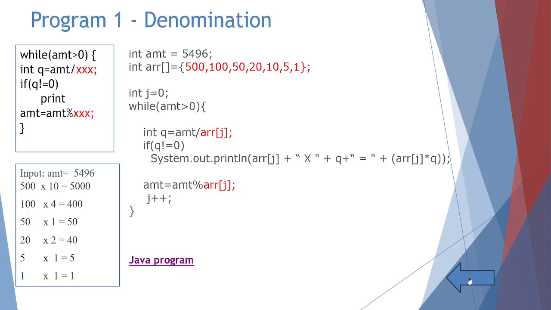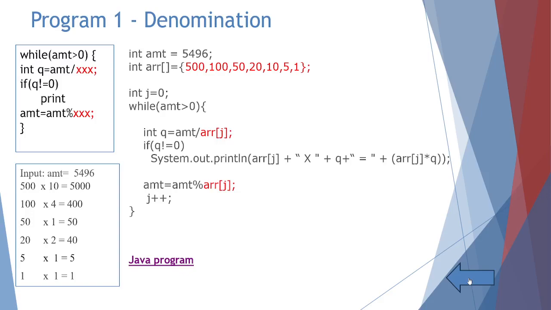system.out.println. If you see the left side below the box, 500 multiplied by 10 equals 5,000. 500 is there in ARR of j, first time. Multiplied by sign is a constant. So ARR of j plus multiplication symbol plus 10 is stored in q.